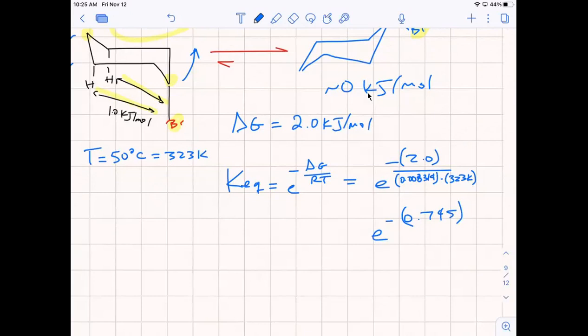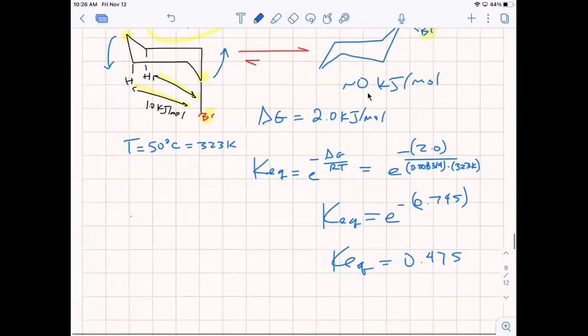And then what do we get after putting that in with the inverse? 0.475. Say that again. 0.475. We said 0.475. Mm-hmm.